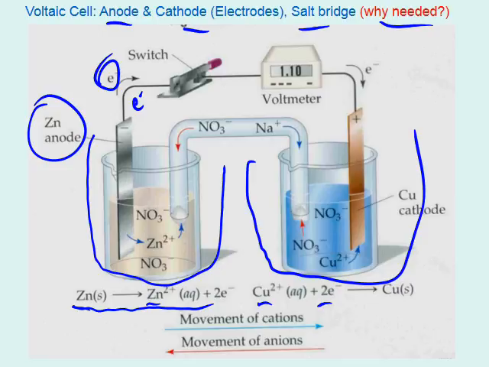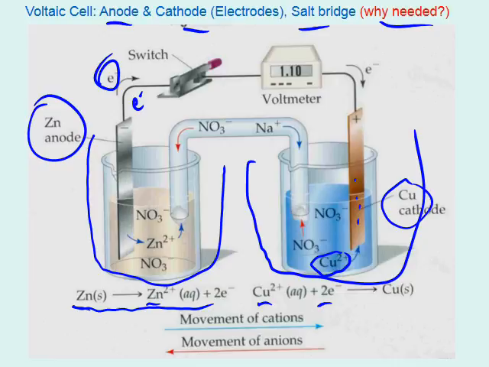The electrons go through the circuit to the other end, where the solution has copper 2 plus. You can get copper 2 plus in the solution by adding copper nitrate. Copper 2 plus receives electrons and becomes copper, and it gets deposited.